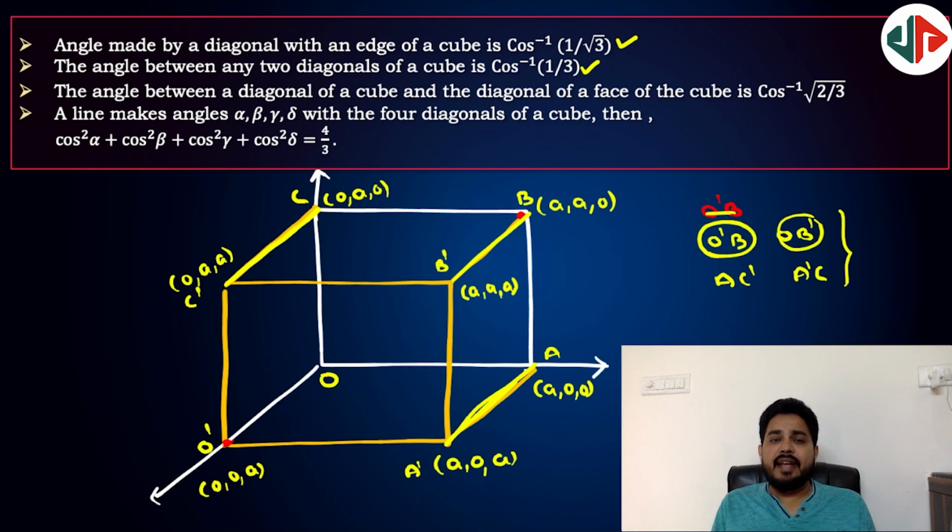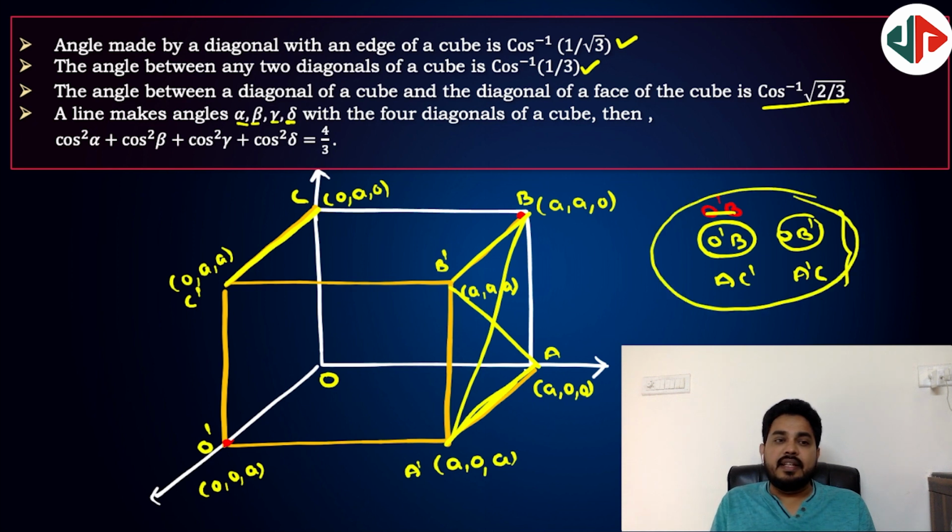Angle between any diagonal of the cube and a diagonal of a face, for example, if I take this one as a diagonal, this is one face, this is one diagonal of the face, this is another diagonal of the face: cos inverse root 2 by 3. And if a line makes angles alpha, beta, gamma, delta with these four diagonals, then cos square alpha plus cos square beta plus cos square gamma plus cos square delta will be equal to 4 by 3.